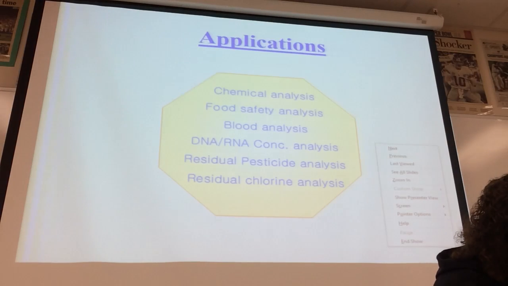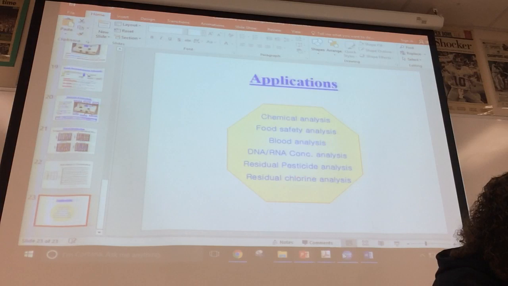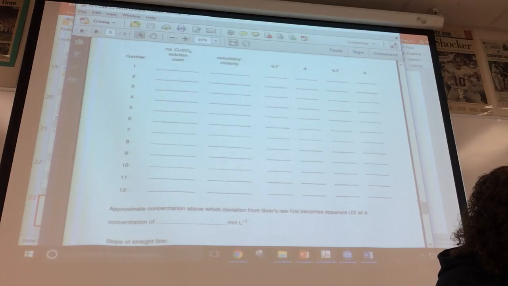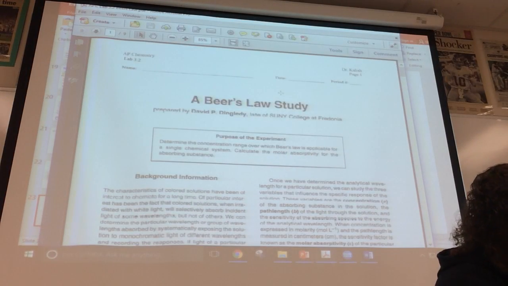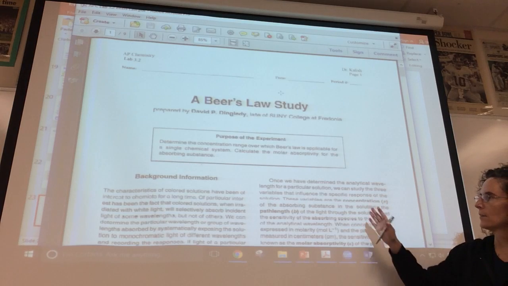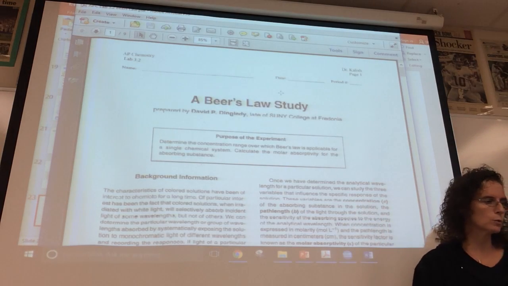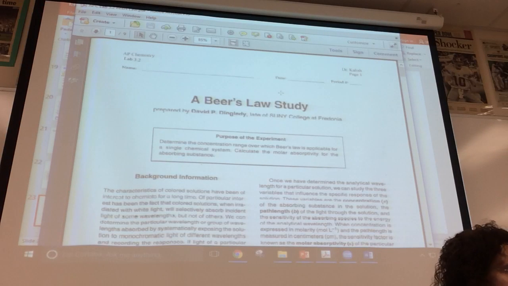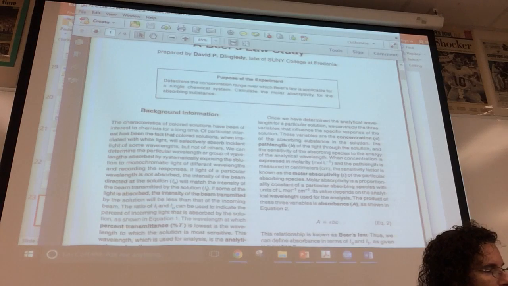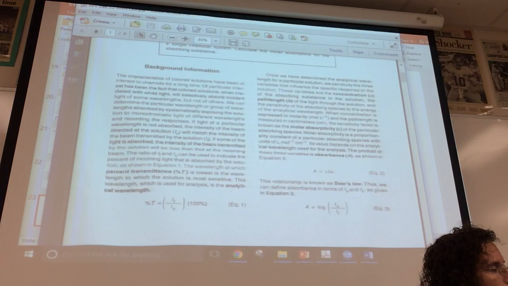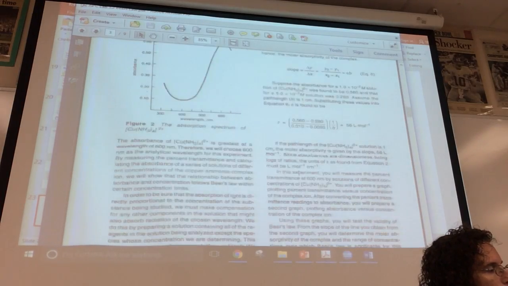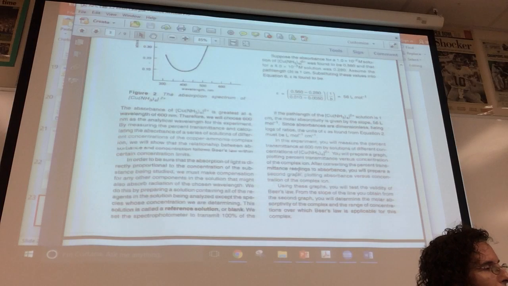What I want to show you is your pre-lab assignment, which is not a big assignment. On Edline is a pre-lab on Beer's Law. Now this actually is the whole lab, so you don't have to read through the whole thing. There is some background information that I wish you would read cover to cover, but since the kids never did, that's why I put a little slide to show together, although it really would help you to read through the first page, the second page, and the third page, because that's just some background reading.